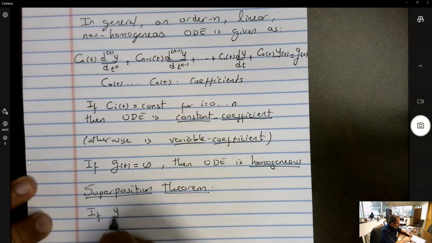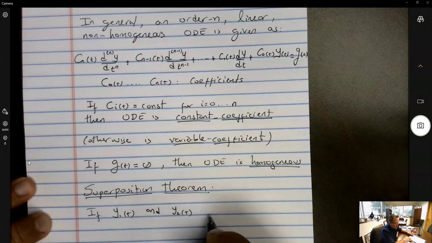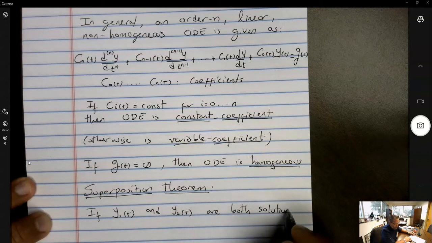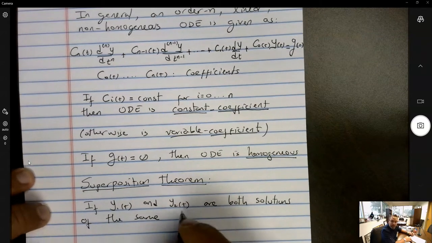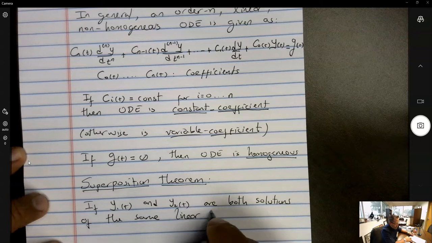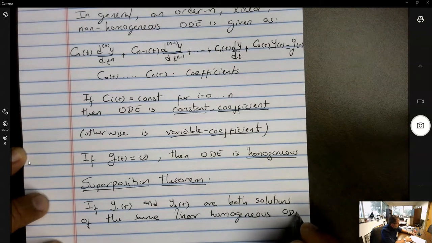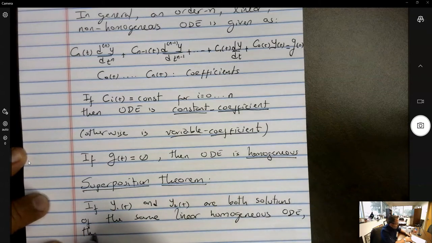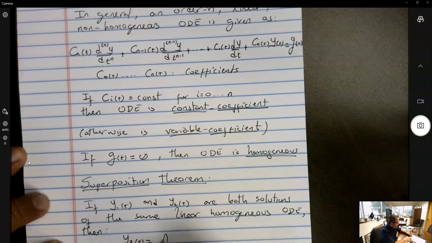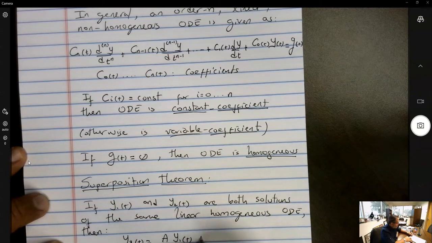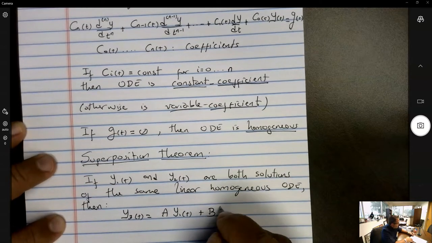So if y1 of t and y2 of t are both solutions of the same linear homogeneous ODE, then y3 equals a y1 of t plus b y2 of t.